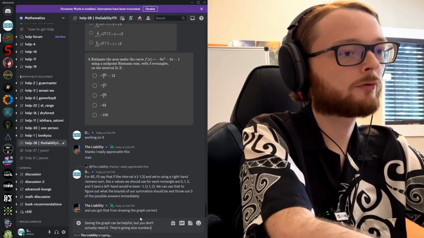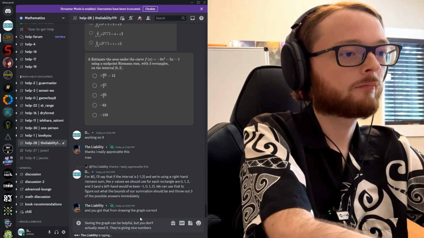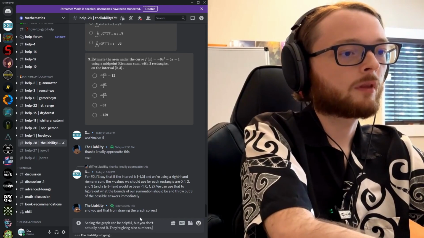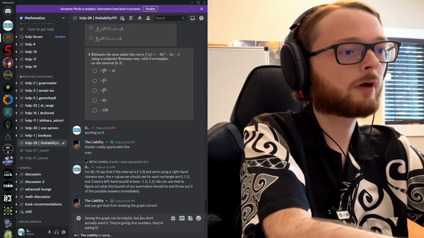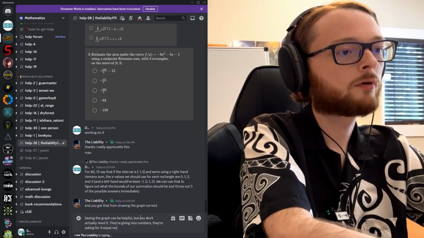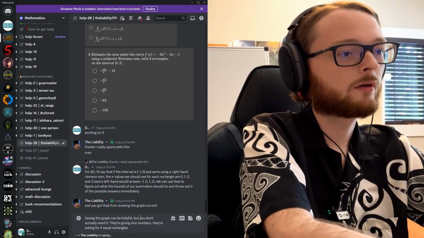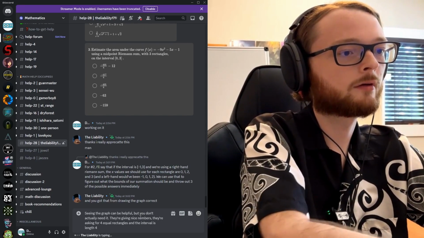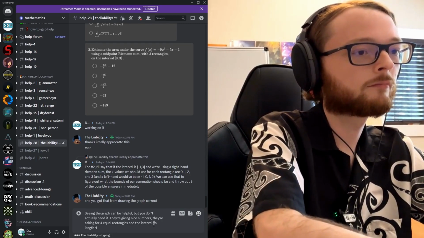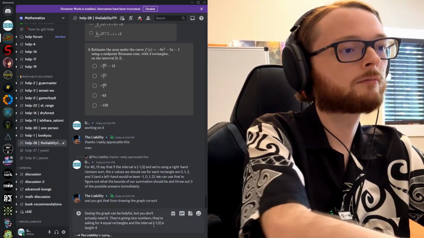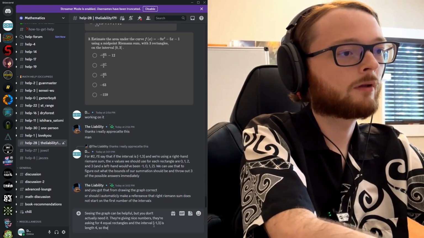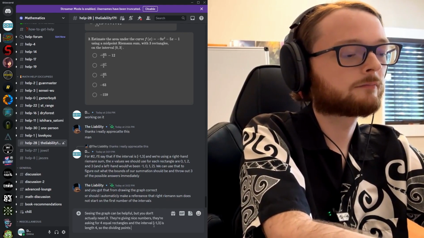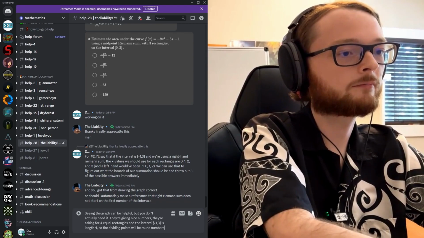Giving nice numbers. They're asking for 4 equal rectangles, and the interval is length 4. So the dividing points will be round numbers like that.